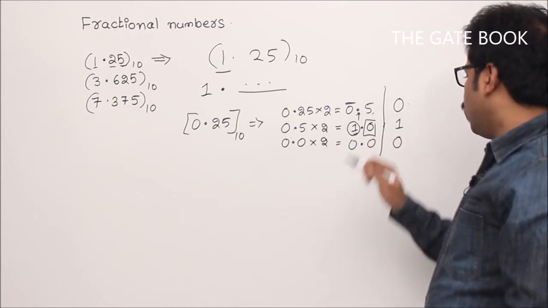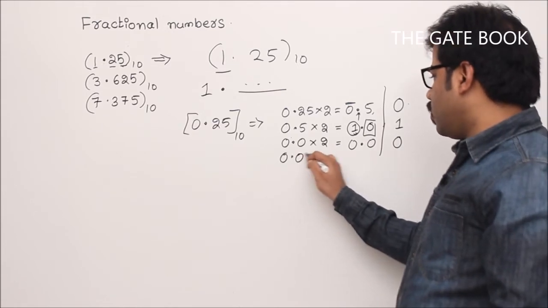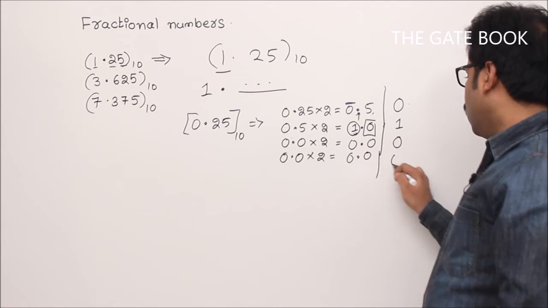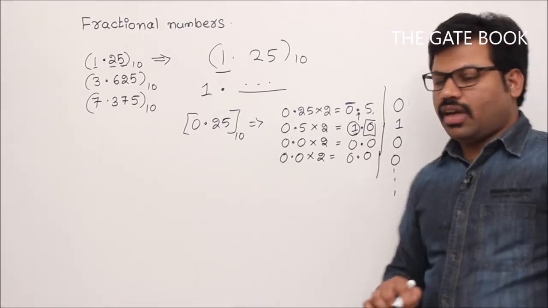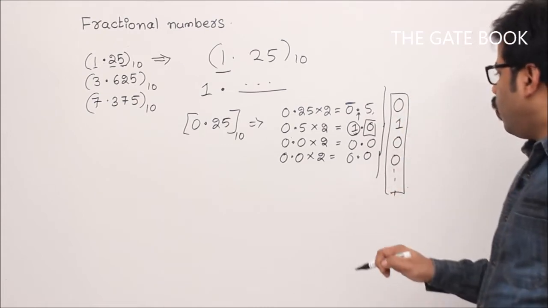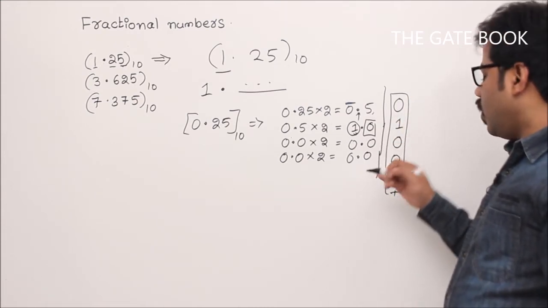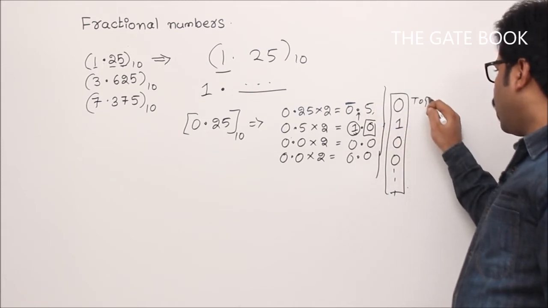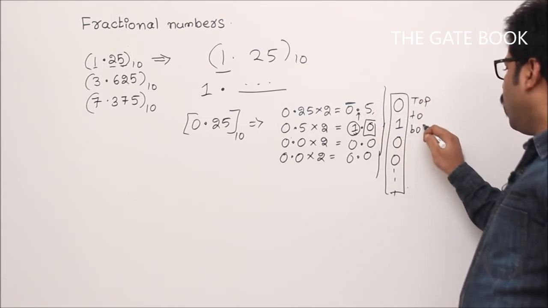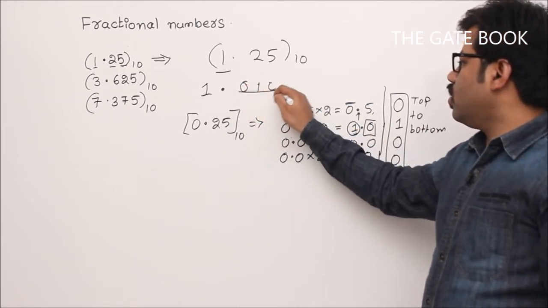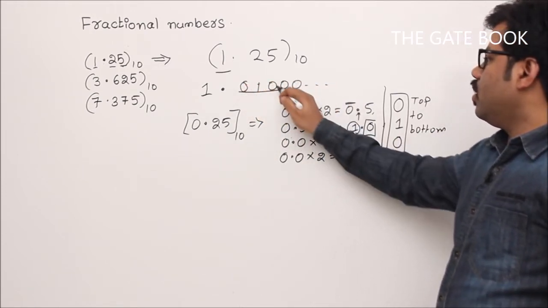Then you take 0. Then we can repeat this process any number of times; you are going to get 0.0. Again same thing, but this time we take from top to bottom. When you take top to bottom, you get 0, 1, 0, 0, 0, and so on. These trailing zeros are not meaningful.